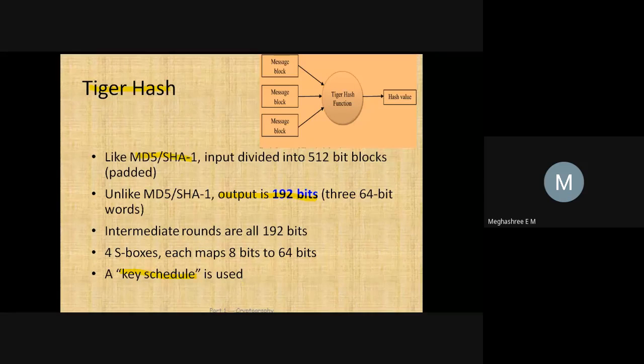So this is the outline of this hash function, where you can see the input is divided into 3 blocks and the output will be 192 bits, and each 192 bits is divided into 3 64-bit words. It consists of many rounds, and each round gives a 192-bit output, and it has 4 S-boxes. We'll see what the 4 S-boxes are in the slide, where each maps 8 bits to 64 bits. Also a key schedule is used. This key schedule is nothing but a computation. We'll see it at the end of this topic.